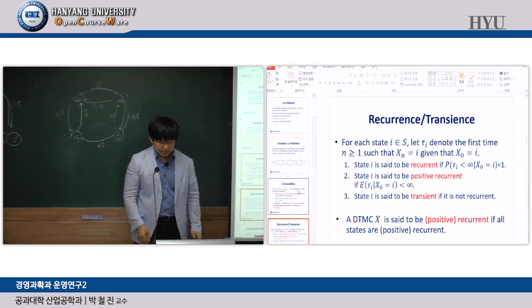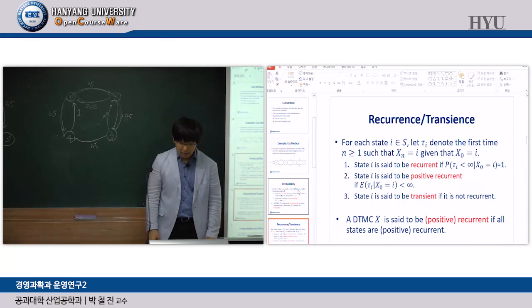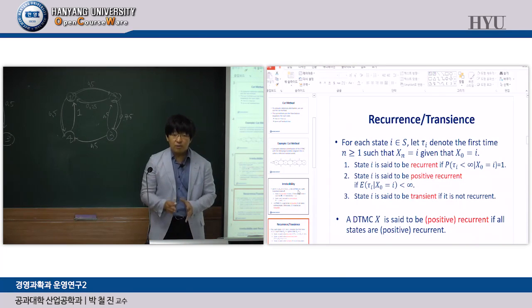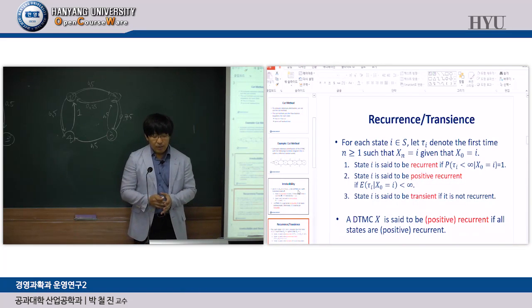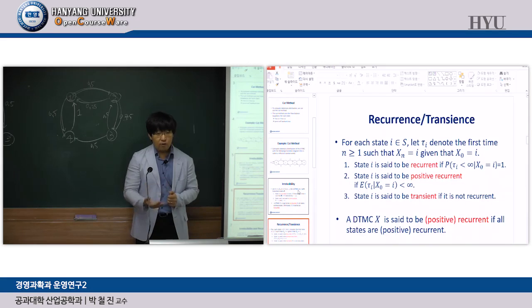And tau I represents, if we start with the state I, how many steps we need to evolve the chain to come back to this state.